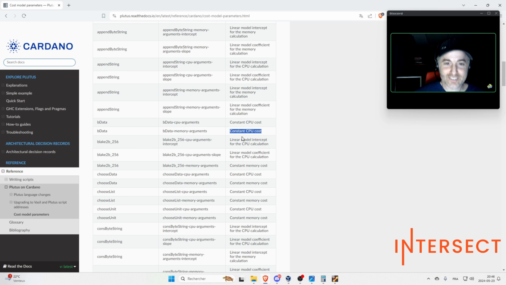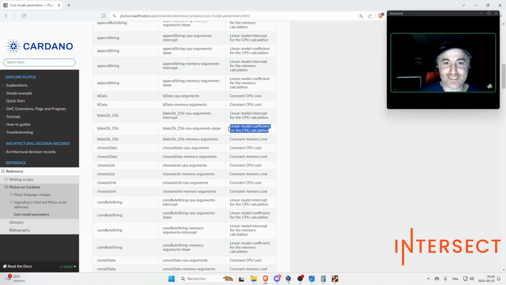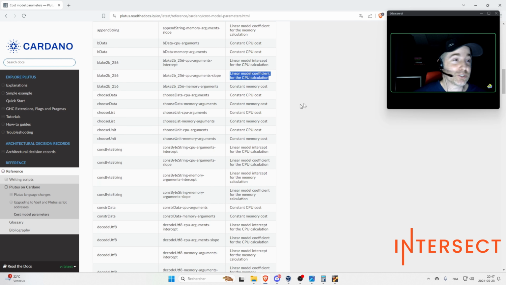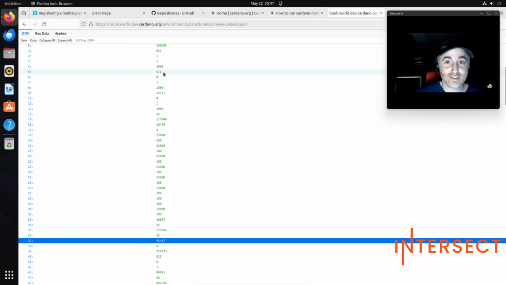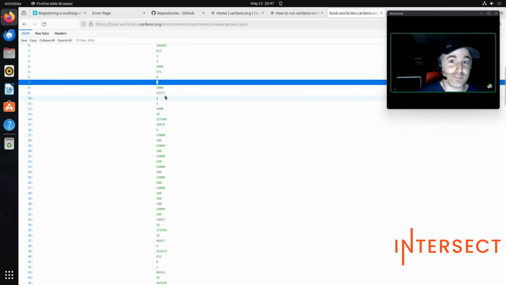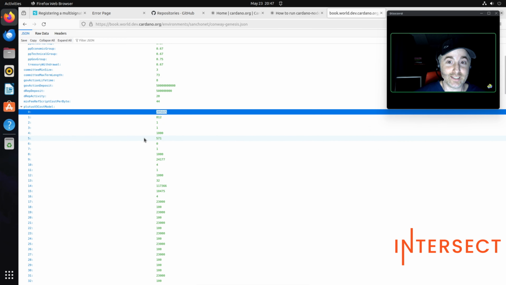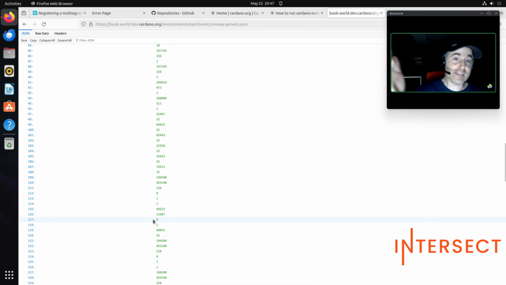Because for me, it's like Chinese. I understand what a CPU is and the calculations. But my question to Carlos was, how did you get to these numbers? Why 0 for this one? Why 1 for that one? The first one is in Lovelace, 205,000 something Lovelace. If you add them all together, it's probably gonna end up being like 238, I don't know.